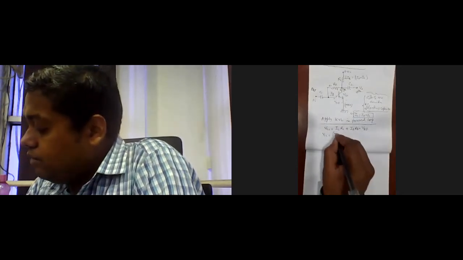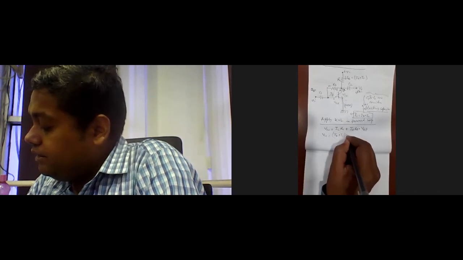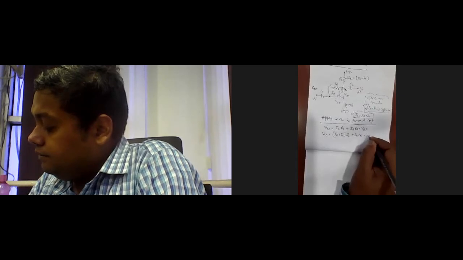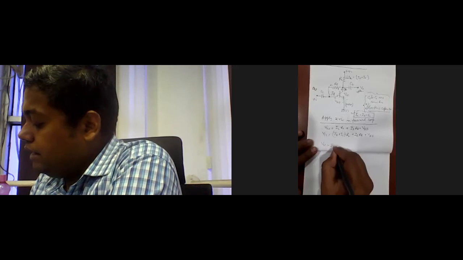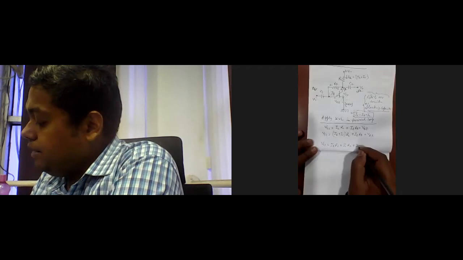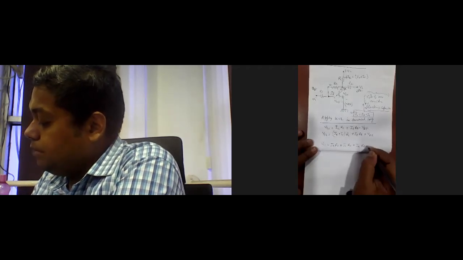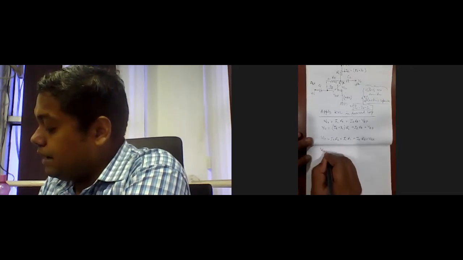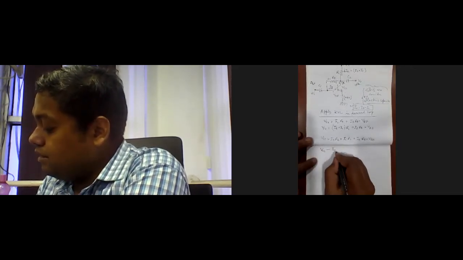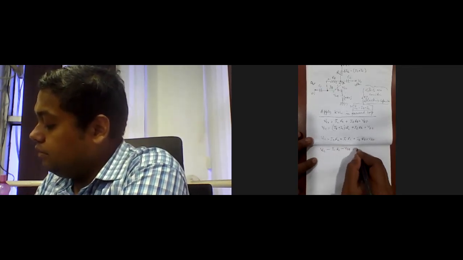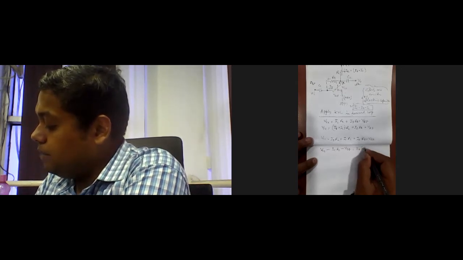If you substitute the value IB plus IC into RL plus IB into RB plus VBE, VCC equals IB into RL plus IC into RL plus IB into RB plus VBE. From here we can note it down: VCC minus IC into RL minus VBE equals IB into (RL plus RB).